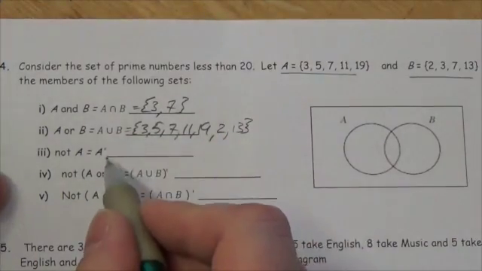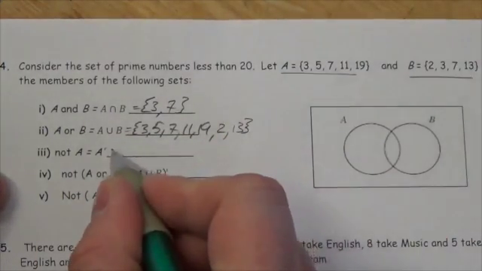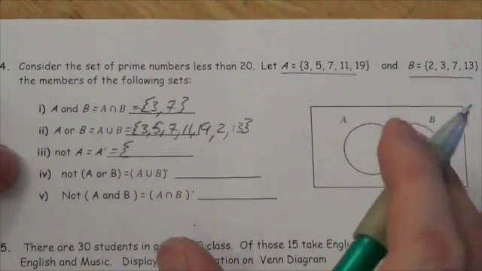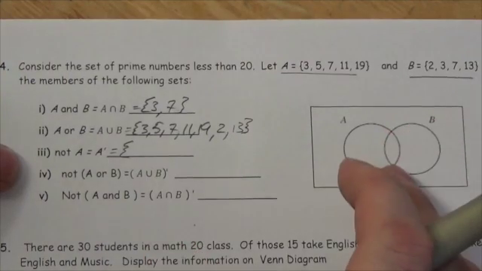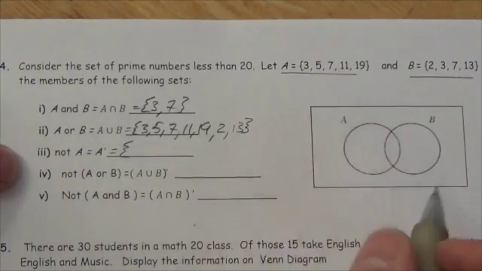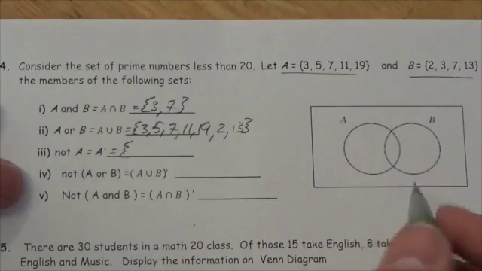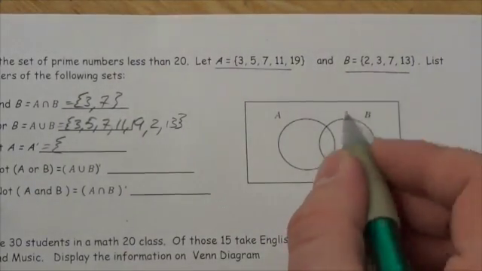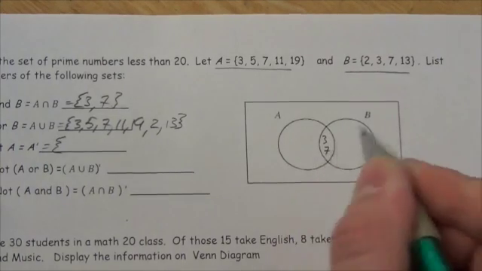Not A. Okay, not A. Now we're talking about all the prime numbers less than 20. A is just 3, 5, 7, 11, and 19. Now, in this case here, it might actually help me to write these things out. So I'm going to write the 3 and the 7 in the intersection.